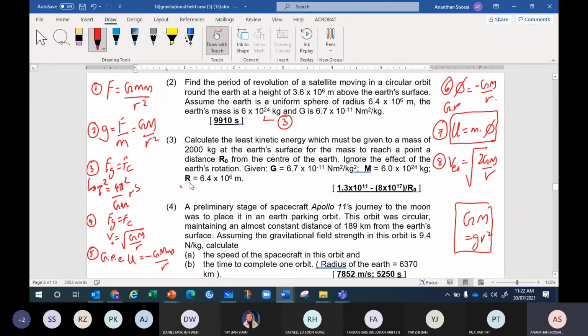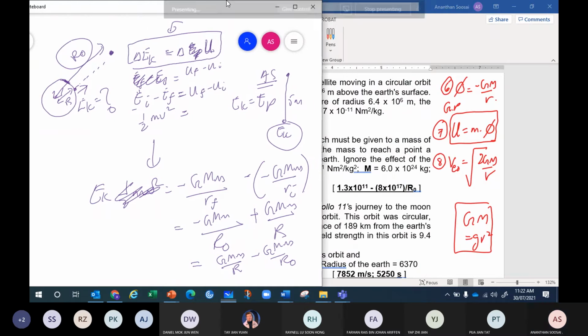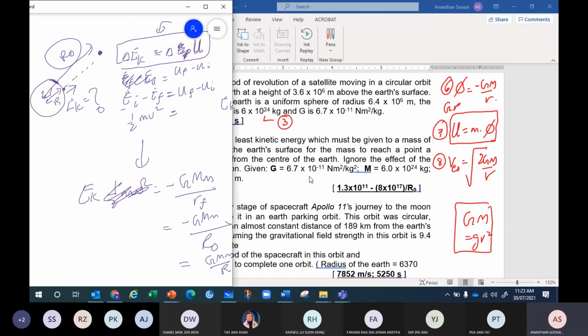That's the answer, or they put in numbers, right? So 1.3 times 10 to the power of 11. Do you get 1.3 times 10 to the power of 11 for this? Check. GMm over r: G is the gravitational constant, 6.7 times 10 to the power of negative 11.